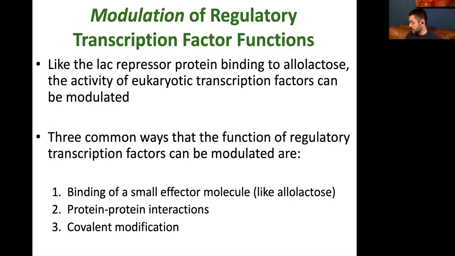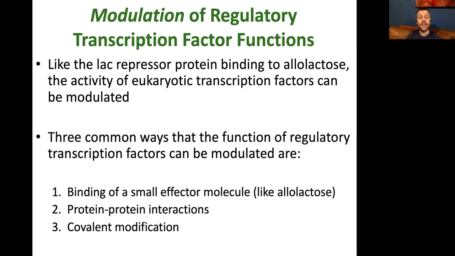Eukaryotic transcription factors can also be regulated in a pretty similar way. I'm going to just discuss three of the more common ways they can be regulated. The first one is binding a small molecule, just like allolactose. The second one is you can get transcription factors that stick to each other in a protein-protein interaction to form a functional transcription factor unit.